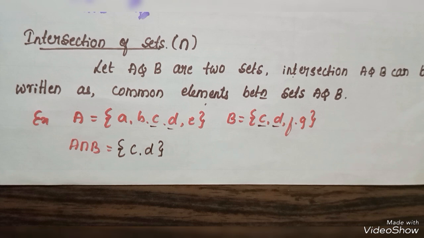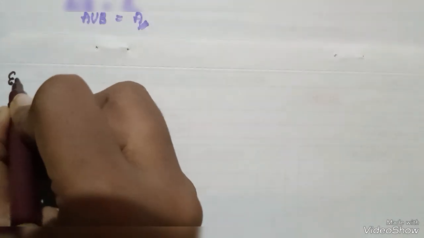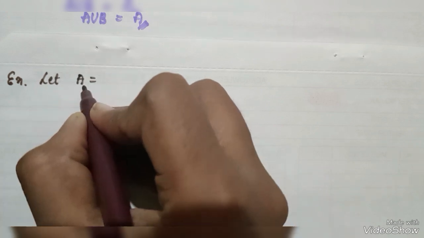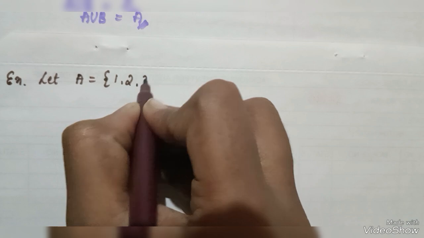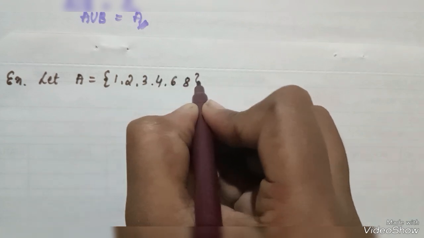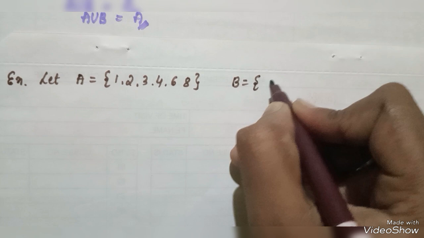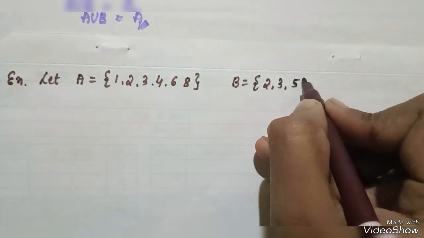Now consider another example. Let A be a set containing the elements 1, 2, 3, 4, 6, 8, and B set containing the elements 2, 3, 5.